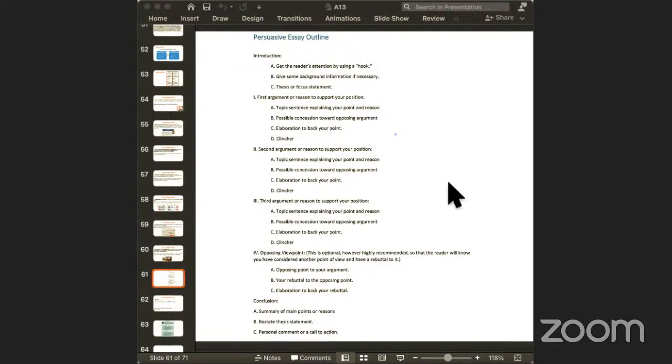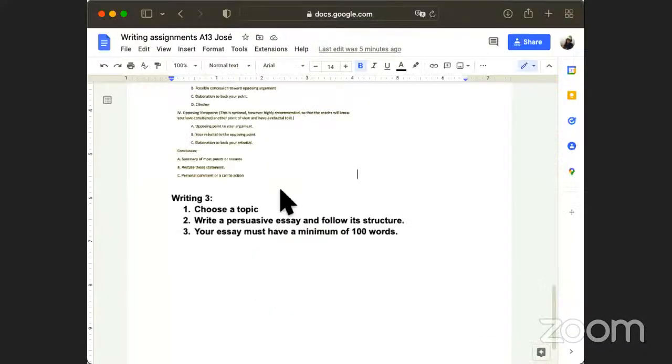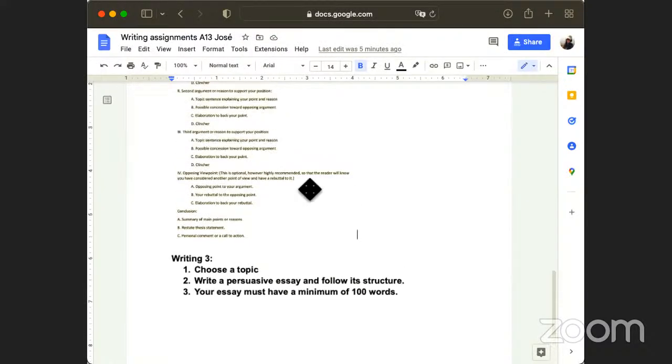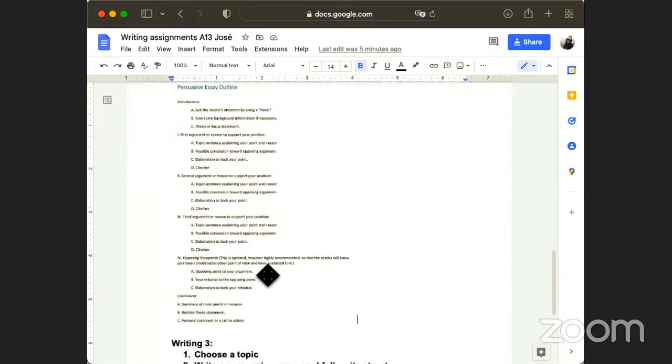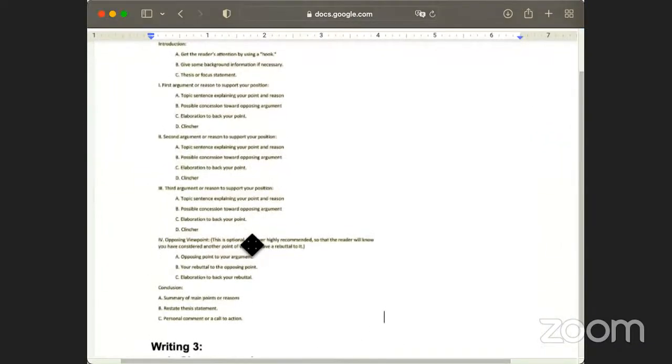Well, you should finish. Let me show you your essay for tomorrow, the short one, like I mentioned before, and the same outline that I showed before.